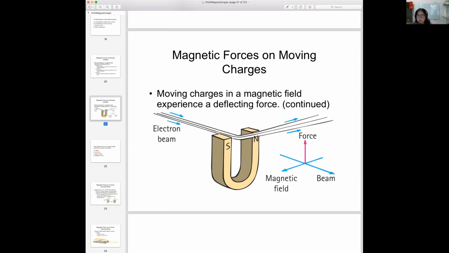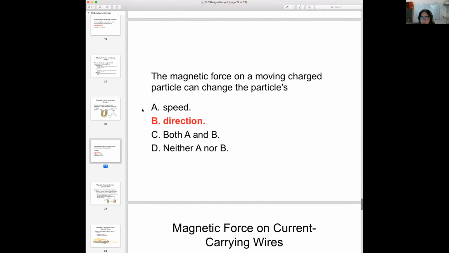You can't accelerate it from rest. Okay. So the magnetic force on a moving charge can change only the particle's direction. Let me show you the video.